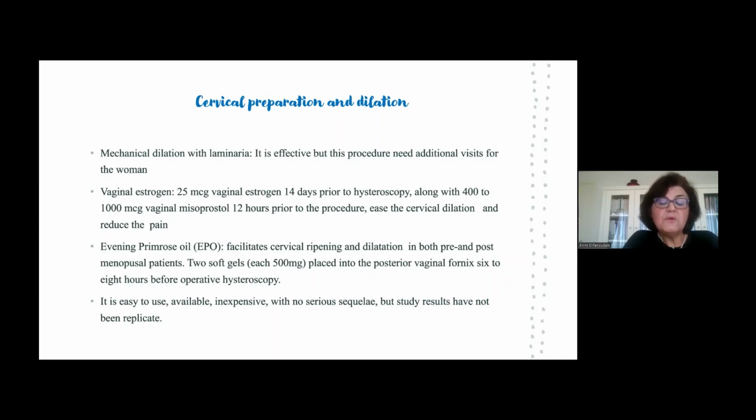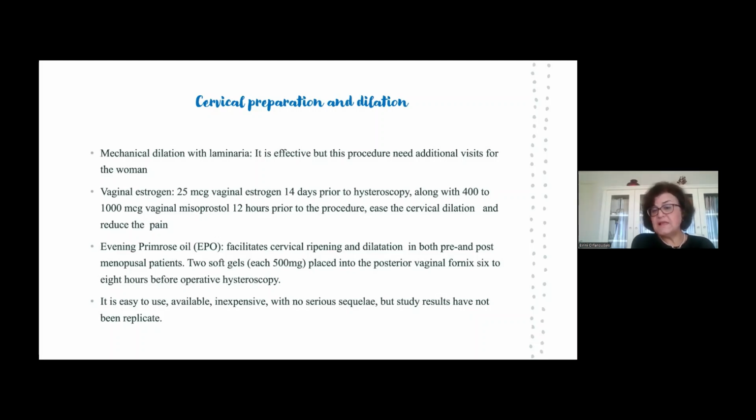Vaginal estrogen, 25 micrograms 14 days prior to hysteroscopy, along with 400 to 1,100 micrograms of vaginal misoprostol 12 hours prior to the procedure, aids dilation and reduces pain. Evening primrose oil facilitates cervical ripening and dilation in both pre- and post-menopausal patients.